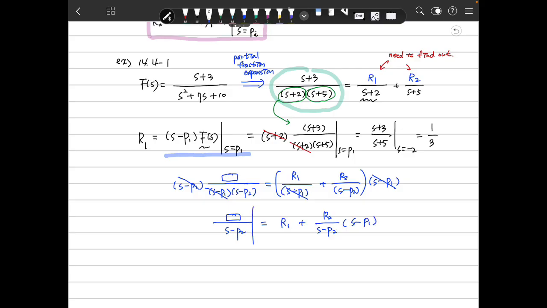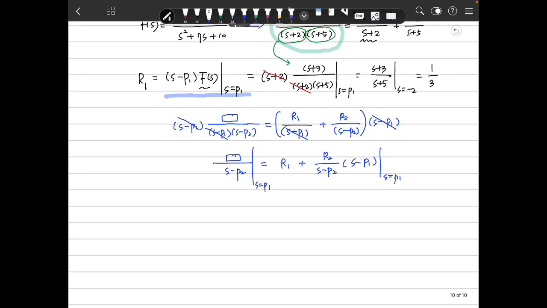And here we apply S is P1, then what happened? There will be P1 minus P2 and something, because we insert here the 0, the remaining thing is only R1. So we can calculate R1 in this manner. So this is a way to get the R1.